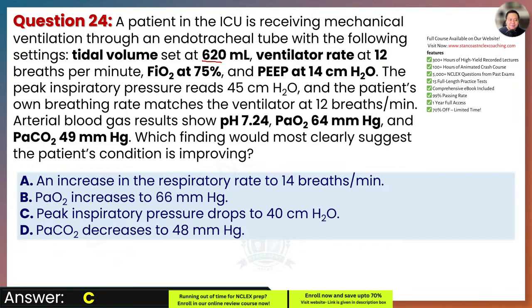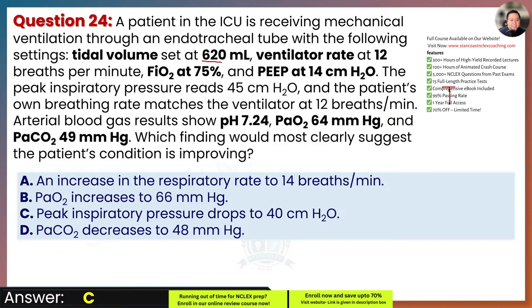So what is the tidal volume here? This is referring to the amount of air delivered to the lungs with each breath. The typical tidal volume for most patients on mechanical ventilation is 6 to 8 mL per kilogram. I've already mentioned this in the previous question.